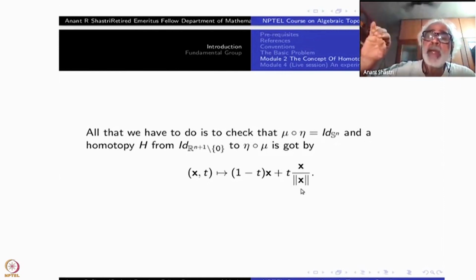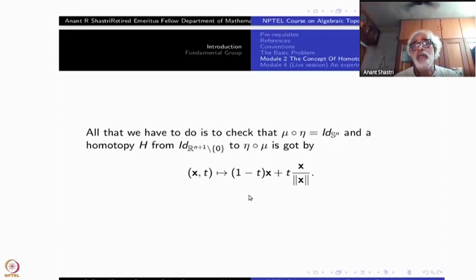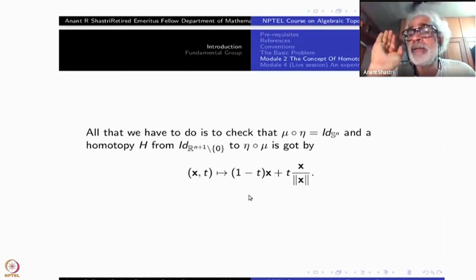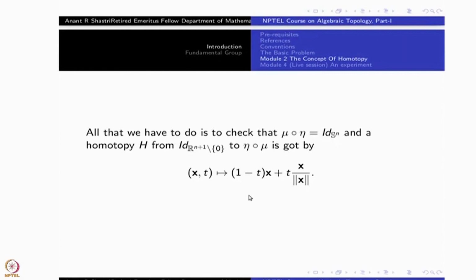So when you join these two, the whole line segment will be away from 0. Okay. So this is the homotopy inverse of the inclusion map. All right. This example you have to understand very clearly, because there will be modifications of this one. This will keep coming again and again.